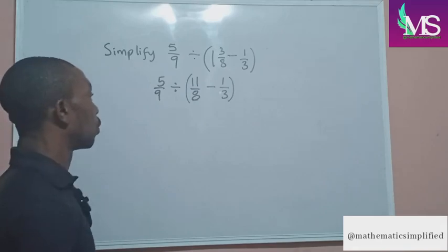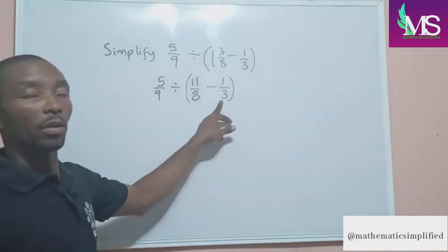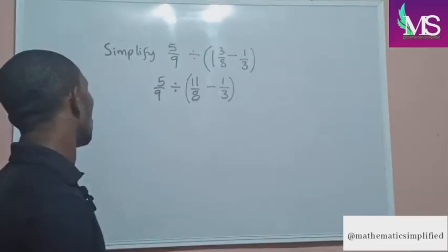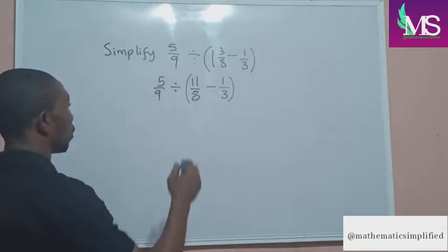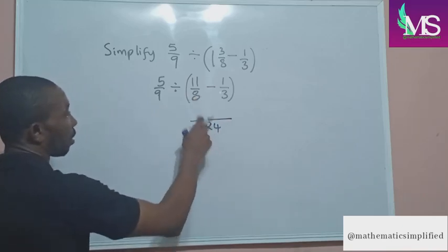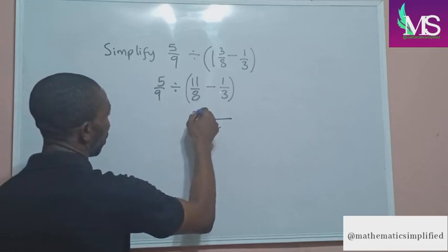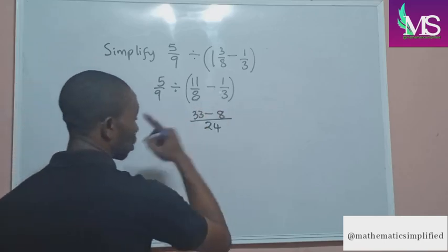Okay, now we will find our LCM for 8 and 3. Our LCM for 8 and 3 will be 24. So this will give us 24. 8 here, 3. 3 times 11, 33. Minus 3 here, 8. 8 times 1, 8.